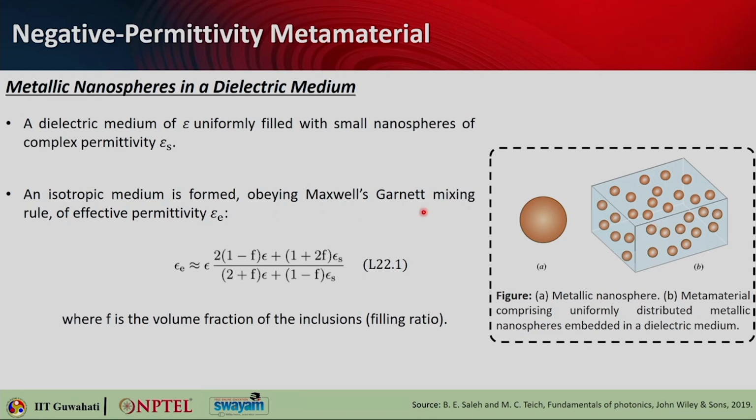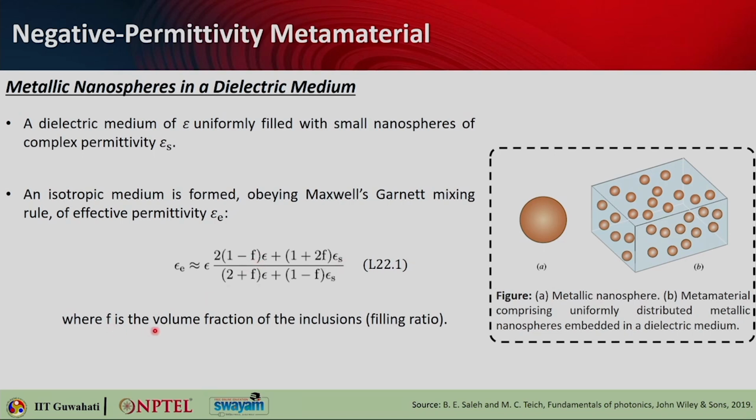Then you will get the Maxwell-Garnett mixing rule defining the effective permittivity. We will look into this rule in more detail in the next lecture, but here I can simply tell you the formula. The effective permittivity depends on the permittivity of the host medium, the permittivity of the nanosphere material, and the filling fraction of the nanospheres.